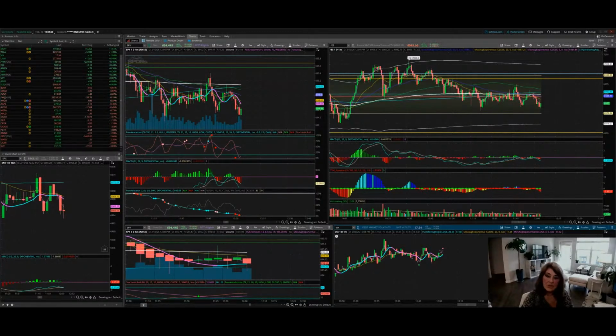A little push here. And pretty close to right back in the range.